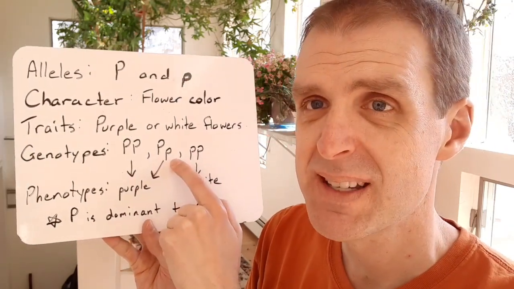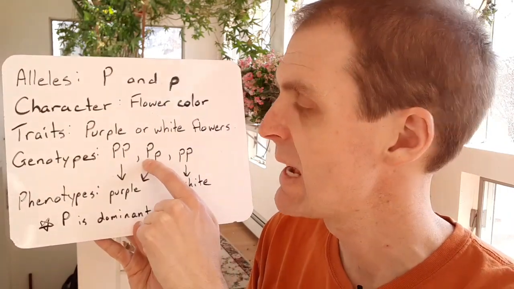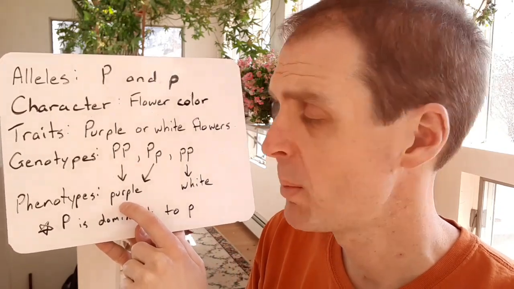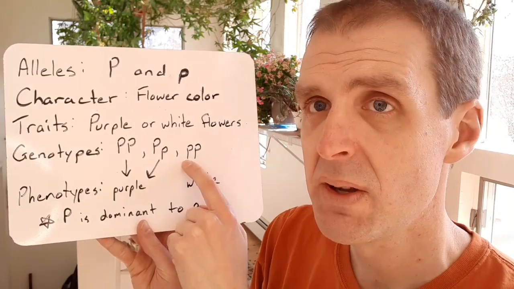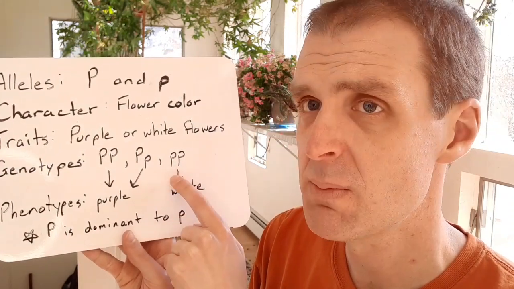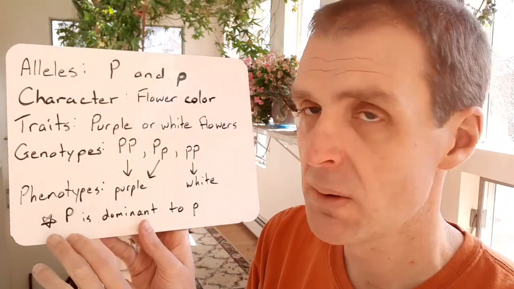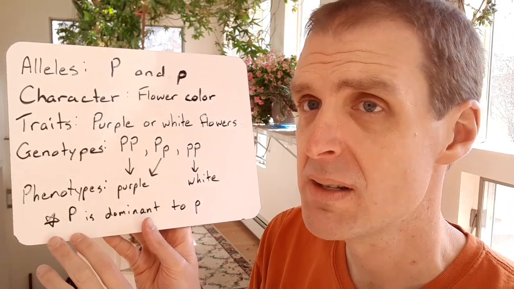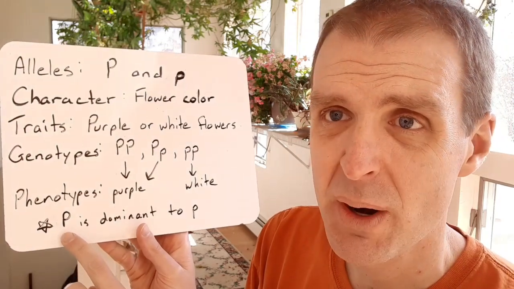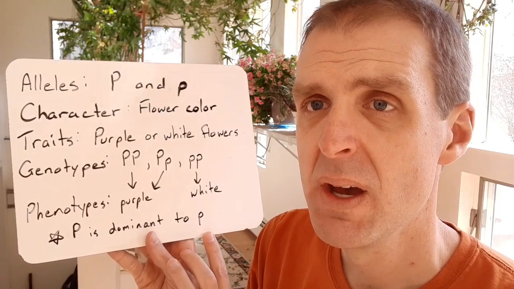If the pea plant is heterozygous, meaning that the two are different, a capital P and a lowercase p, that also leads to a purple flower. Only when you are homozygous, both alleles the same, for lowercase p, do you end up with the white flower. And so what we're dealing with here is a trait or a character where capital P is dominant to lowercase p.